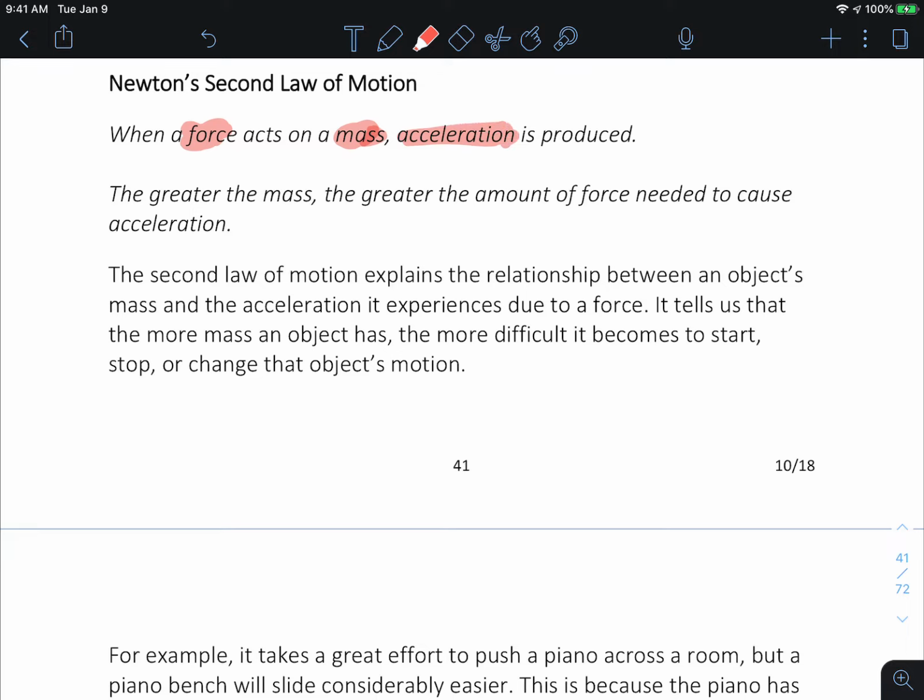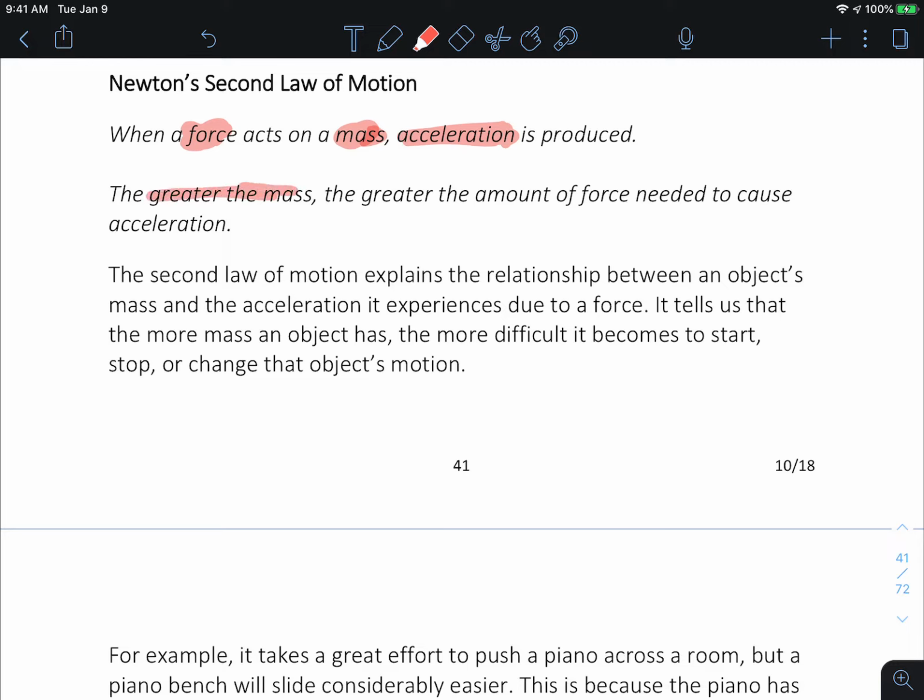So this is the idea that, according to our previous example, an object at rest will stay at rest, and an object in motion will stay in motion. For an object to accelerate, for that motion to change from whatever it is to something else, you must act upon it with a force, and that force will be acting on the mass of the object.